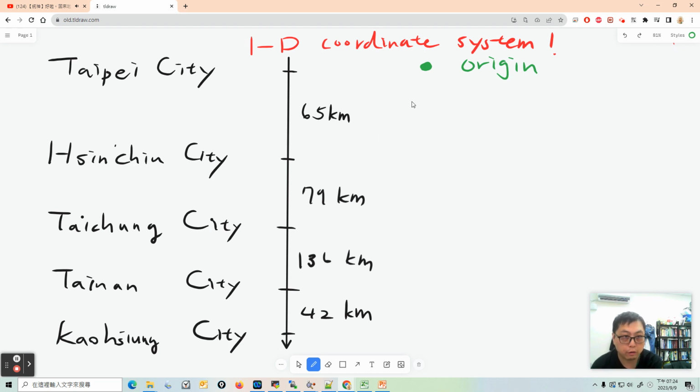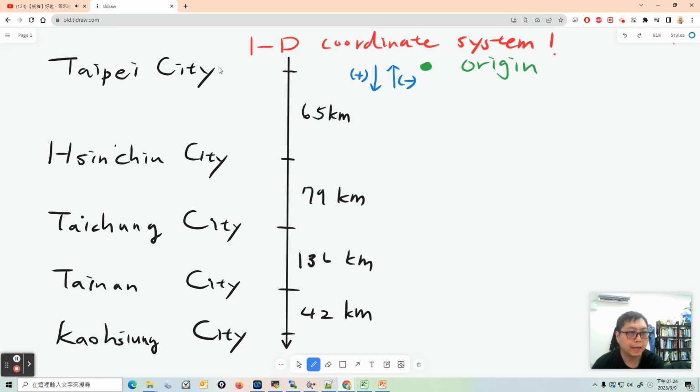We use a very simple, very intuitive definition: the down direction is positive and the up direction is negative. Okay, so we have set up the coordinate origin and direction definition.